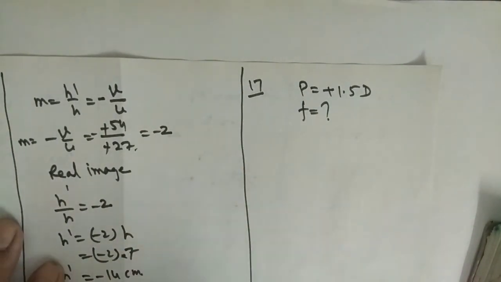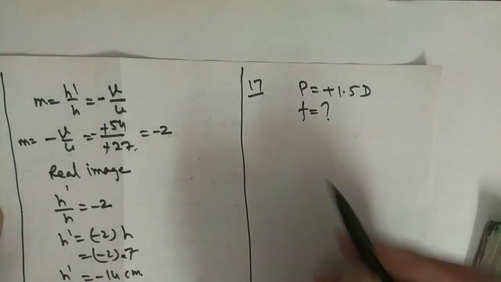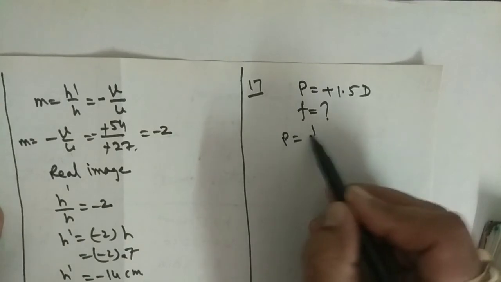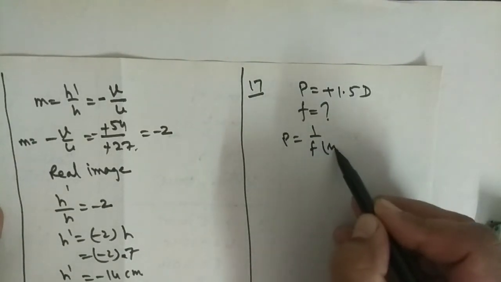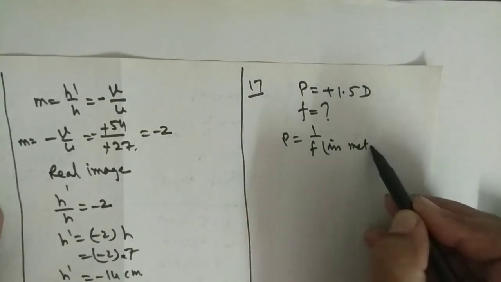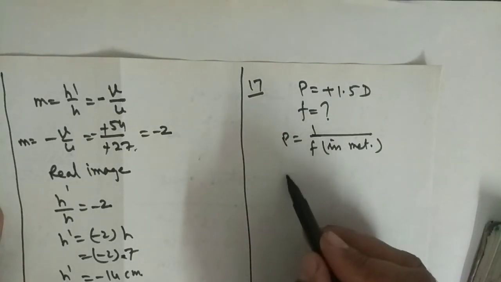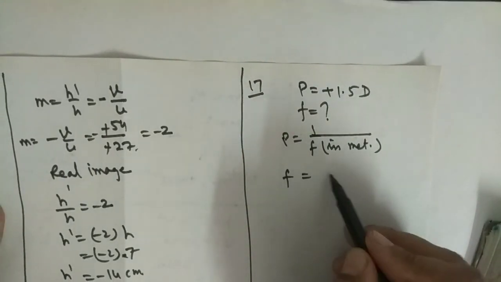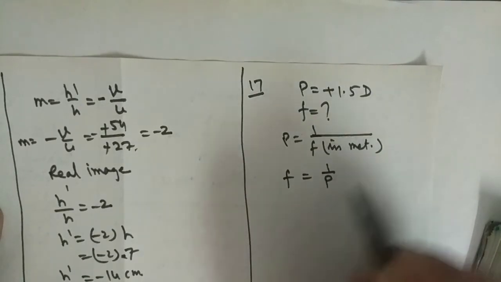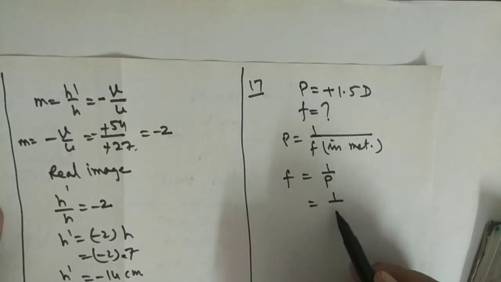Okay, see, it's very easy to find using the same formula as you have done in the previous question. Power is equal to 1 upon focal length in meter. I repeat almost the same solution as the last question. So the focal length, in meter, is 1 upon p, and put the value of p. It is given in the question as 1.5.